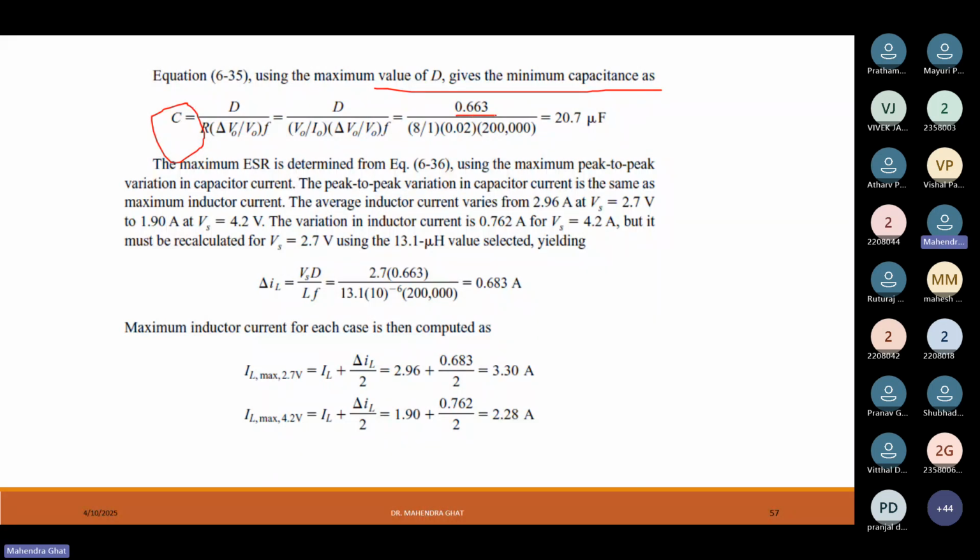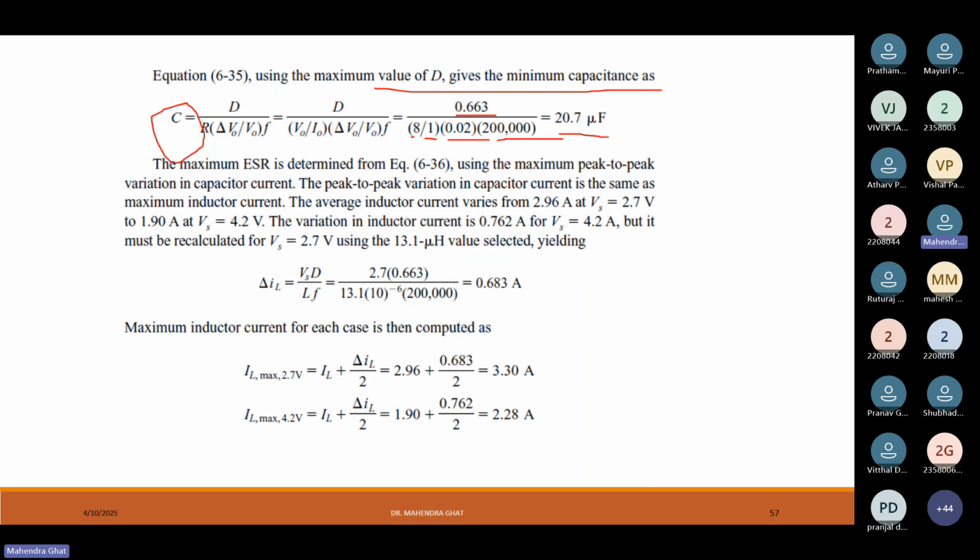R is not given, but output voltage and current are given, so Vo by Io is R. Delta Vo by Vo is given as 2%, and the switching frequency is 200 kilohertz. With that, you will get 20.7 microfarad.